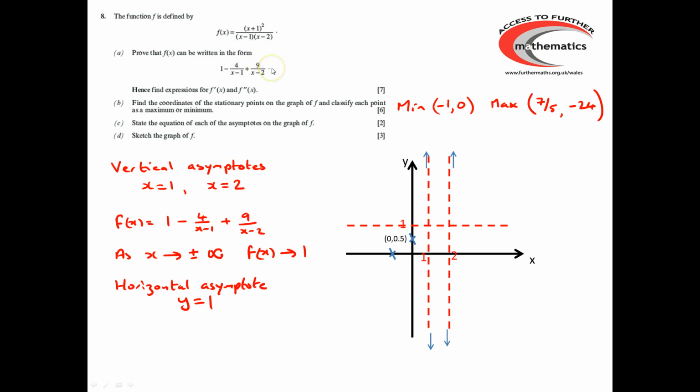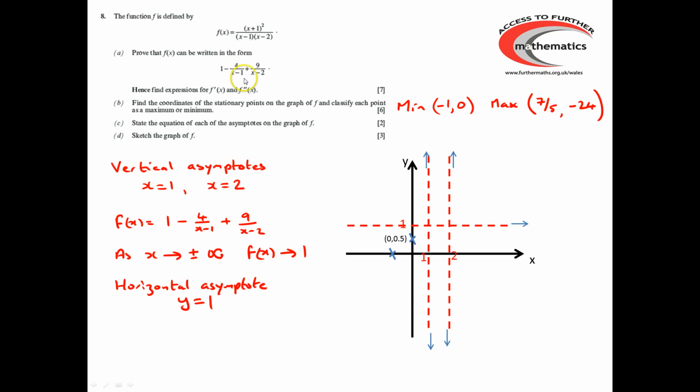Now, if we think about, let's say, x equals 100, we've got minus 4 over 99, plus 9 over 98, and it's fairly clear that the 9 over 98 will be slightly bigger than the 4 over 99. In other words, these two terms together are going to give us a small positive number, which means that we will be approaching y equals 1 from above.